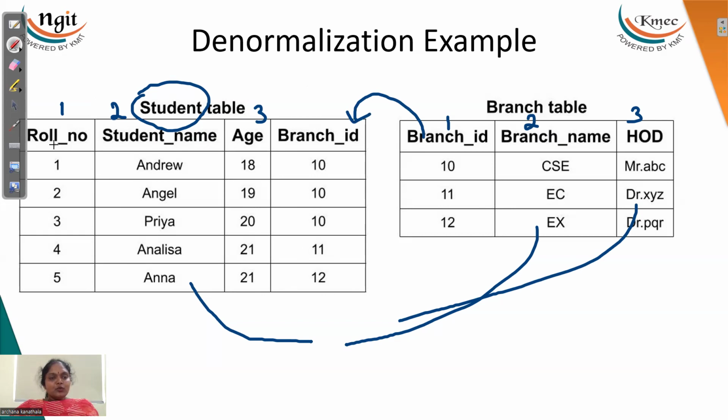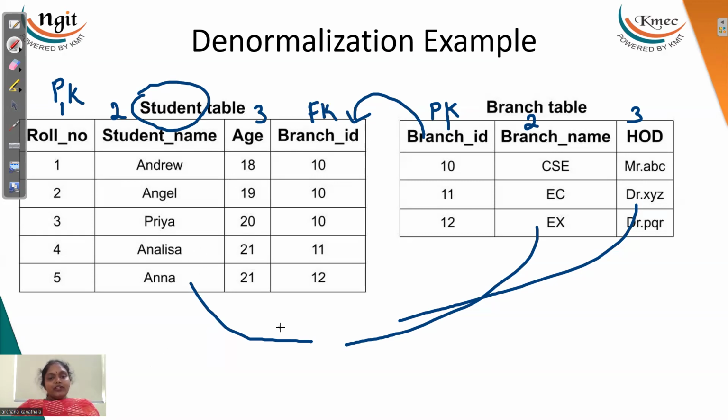Here student roll number is a key attribute, so we define it as a primary key. In the branch table also, branch ID is defined as a primary key. In the student table, to maintain connectivity, we duplicate the branch ID information for the purpose of connecting. This acts as a foreign key to the other table.